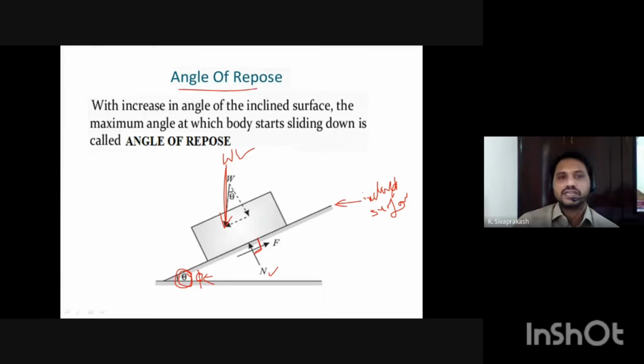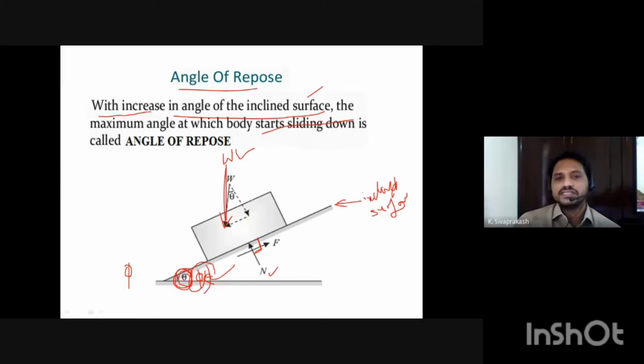Once again, the angle of repose means: with the increase in the angle of the inclined surface, which is initially theta, at one maximum angle phi, the body starts sliding downward.